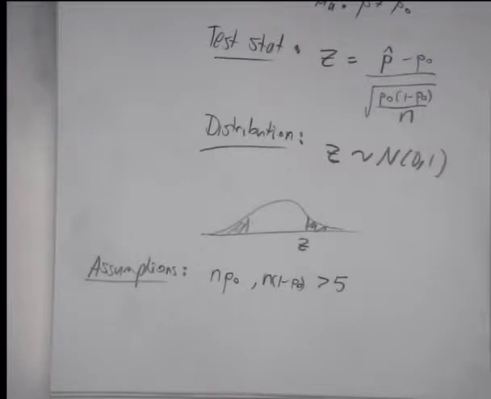The reason that's true is that this is not technically a normal distribution at all, because p hat can only be however many out of n. So if you've got 60 people, it can only be 1 out of 60, 2 out of 60, 3 out of 60, 4 out of 60 for that p hat, which means that there's only certain options for what the z could actually come out to. And since there's only certain options, it's not technically continuous, and so it's not technically a normal distribution. But for big enough samples, it comes out okay anyway, so that's why.